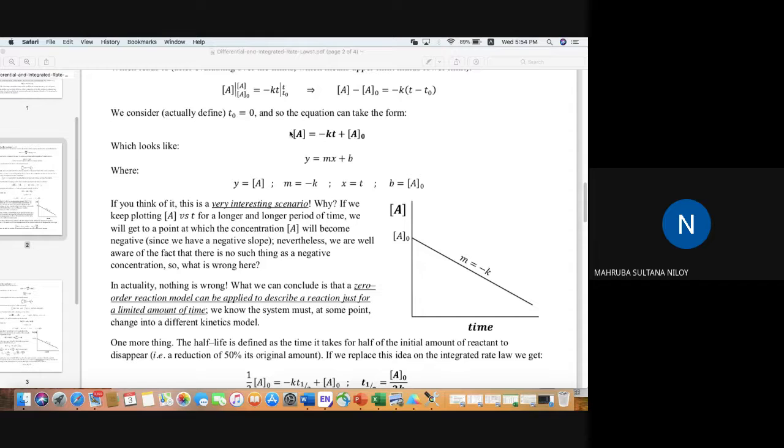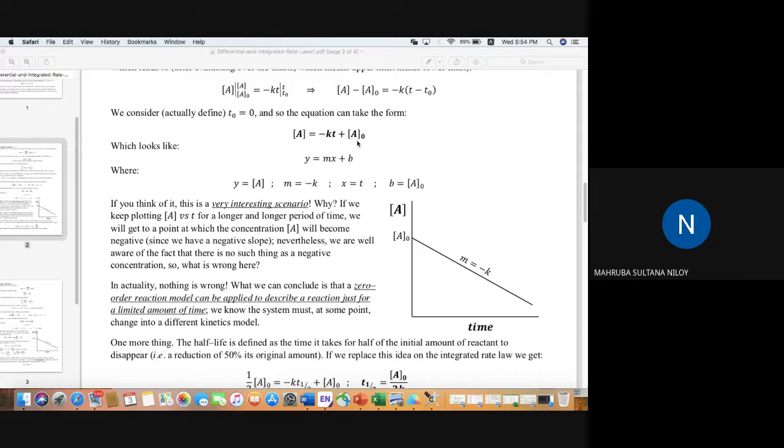Okay, so the concentration of A will be half of A naught, right? Is it clear? Yes, sir. Like 50%. If it is 100, here it will be 50. So if we divide 100 by 2, we'll get 50, right? Yes, sir.